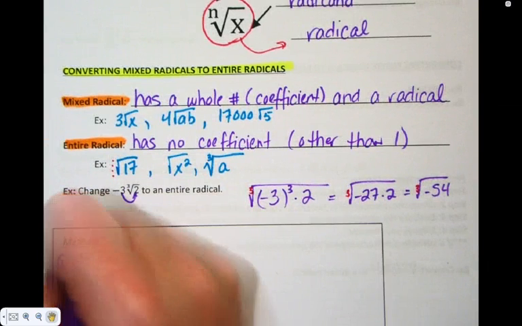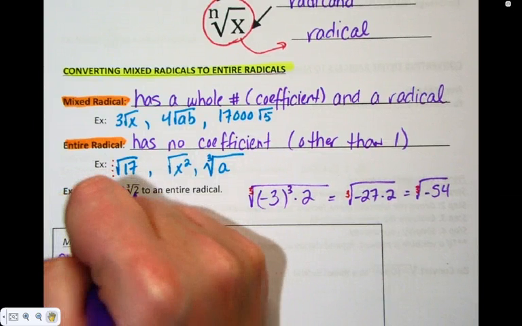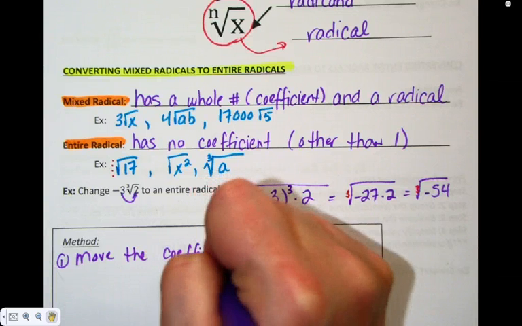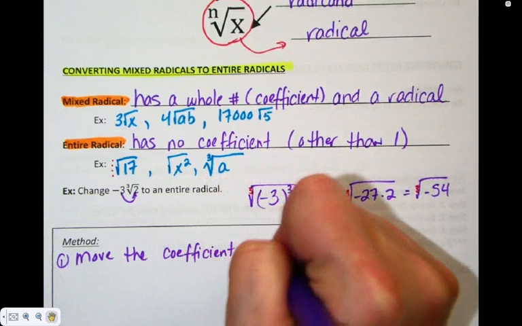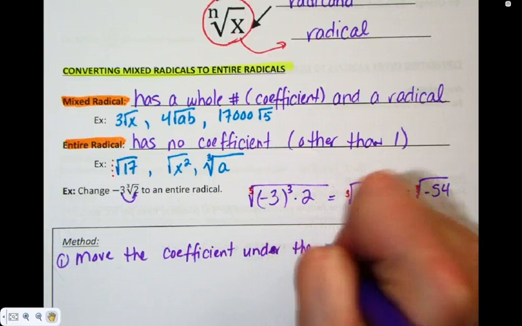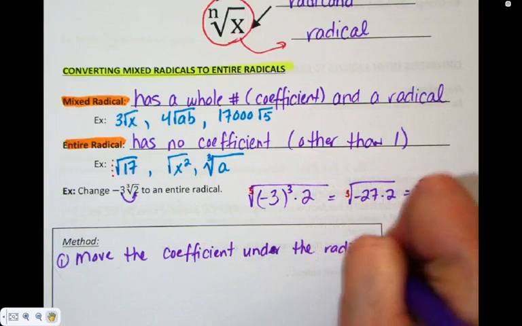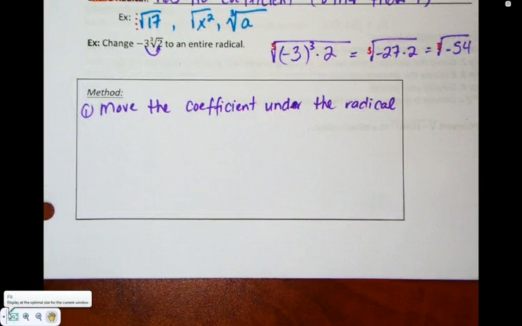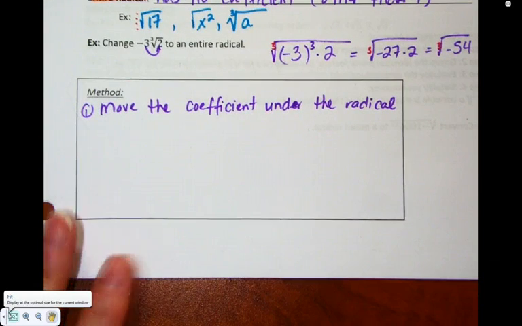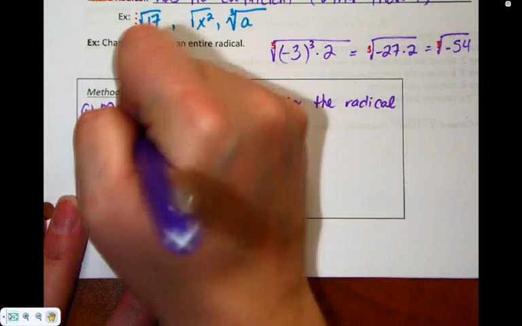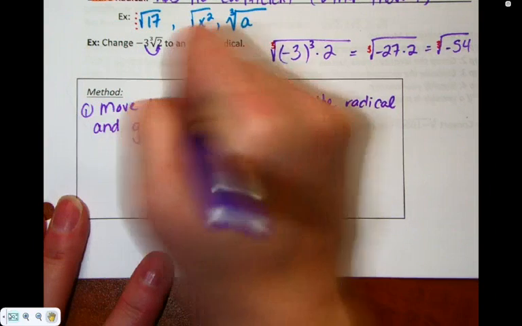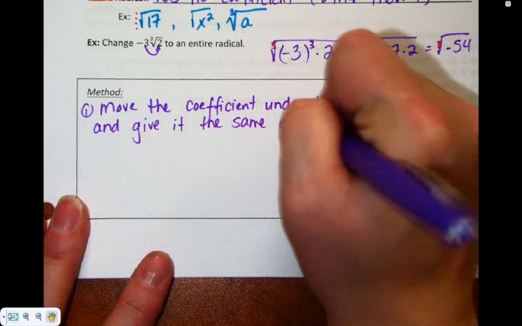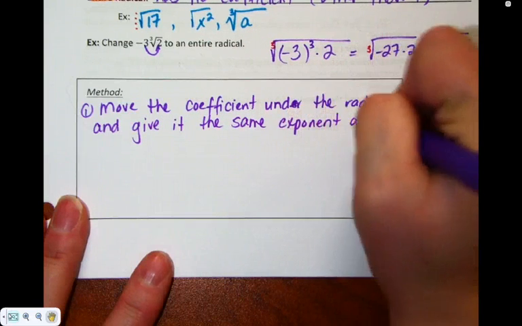Step number 1. Move the coefficient under the radical and give it the same exponent as the index.